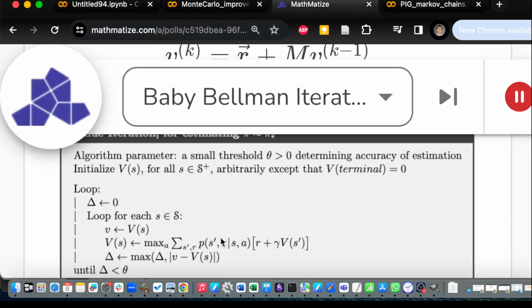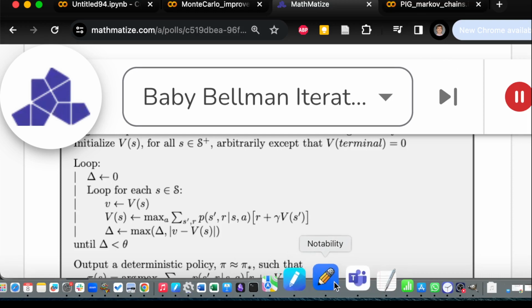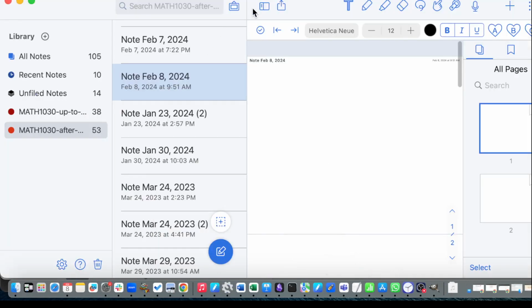But in the loop, what do you do? Well, at every step, you make v of s the maximum value. And this thing looks very complicated, but this is the matrix M times the rewards plus the values. So that is this part of the equation. Let's write it out.